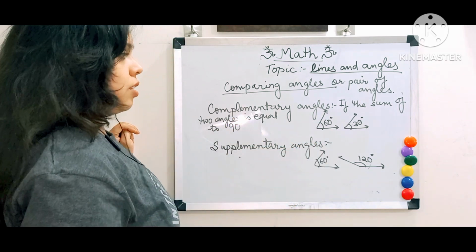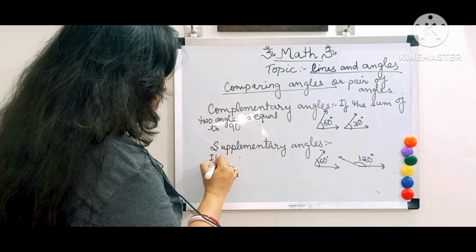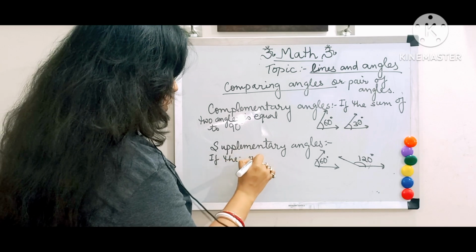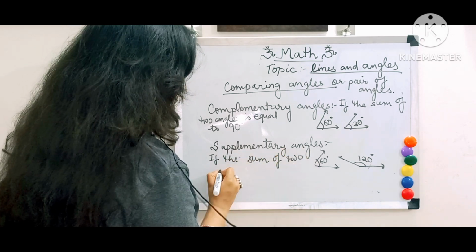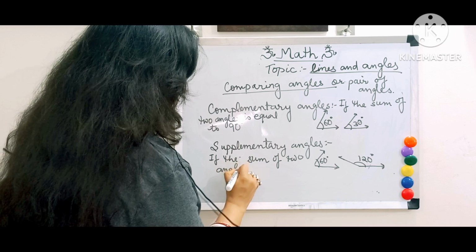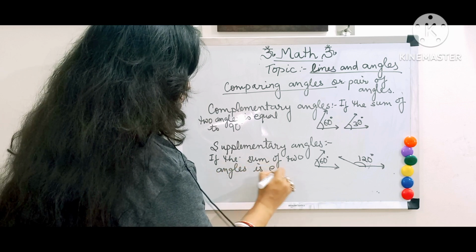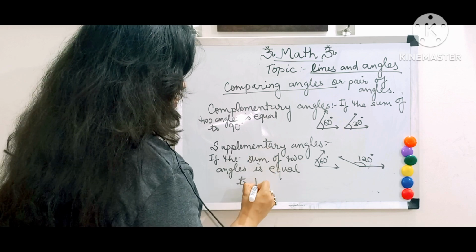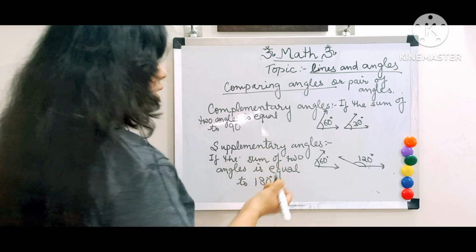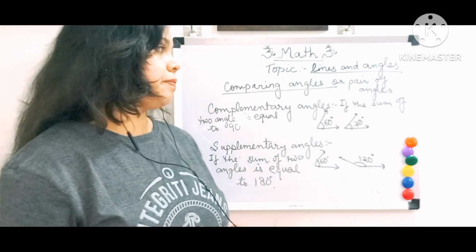And for supplementary you will write, if the sum of two angles is equal to 180 degrees, we will call it supplementary angle.